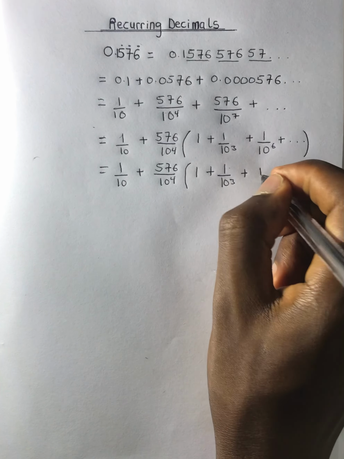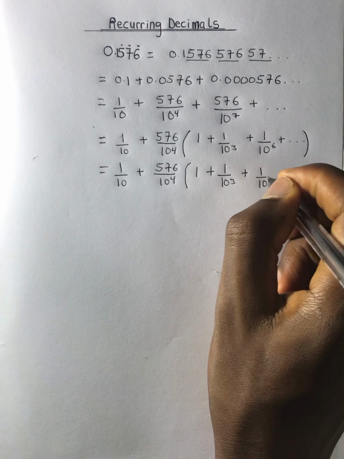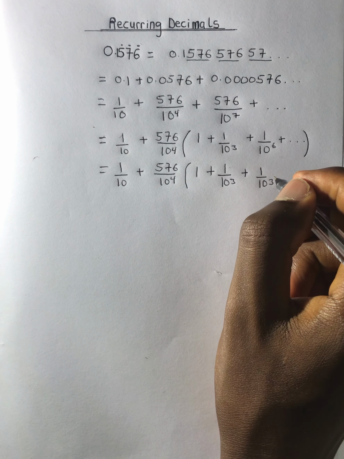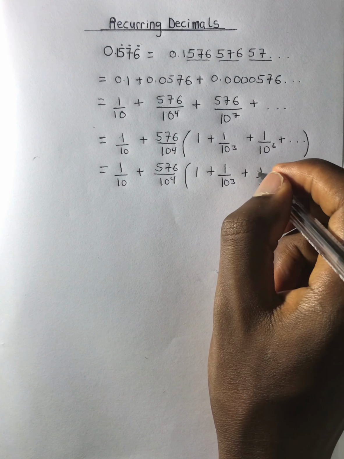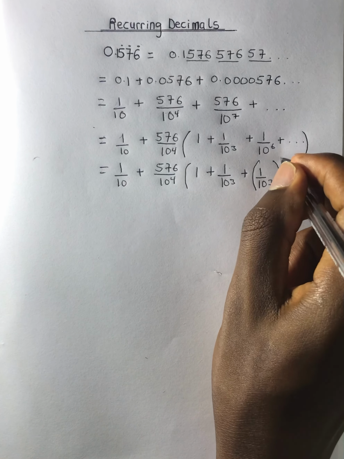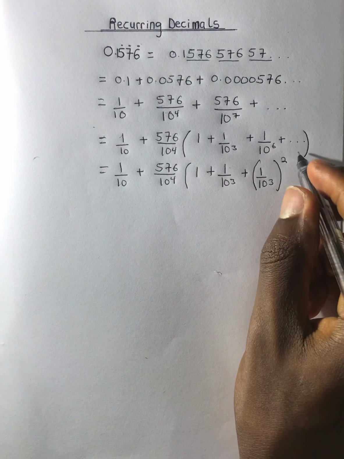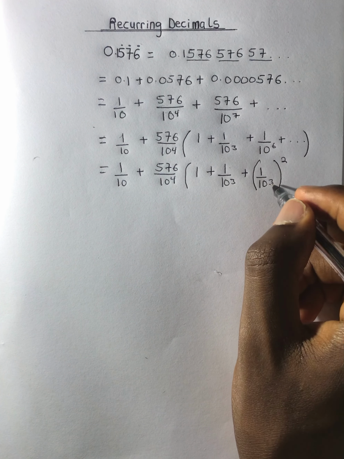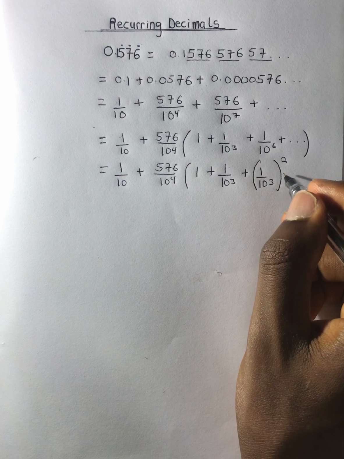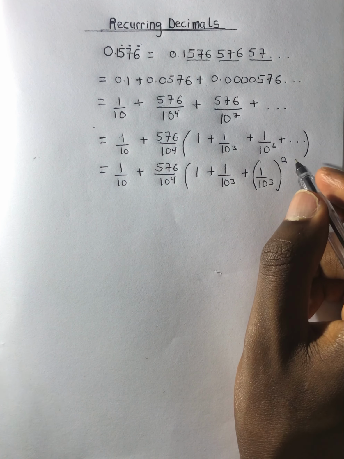Now this can also be expressed as 10 to the power 3, all of this to the power 2. So 10 to the power 3, when squared, we simply multiply the exponent, giving us 10 to the power 6.